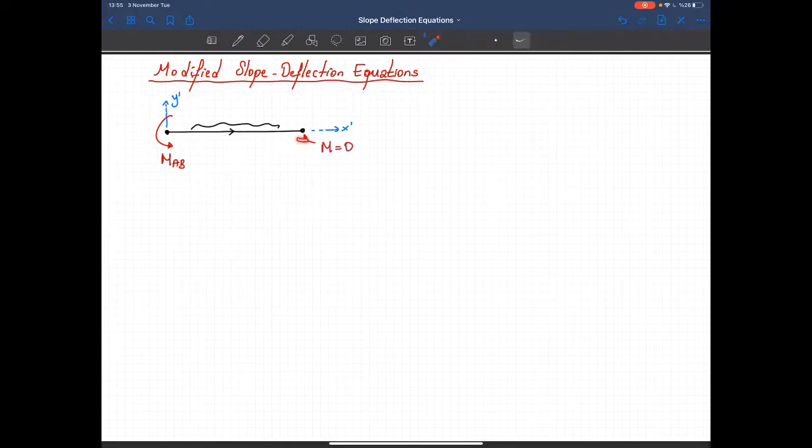I mean, at point B, we could have a pin support or an internal hinge, and we may have this condition, moment is equal to 0. So I will do the derivation assuming that this moment is equal to 0 now, and see if the slope deflection equation changes. So this shear force is AY, this shear force is BY, and let's plot the deformed shape.